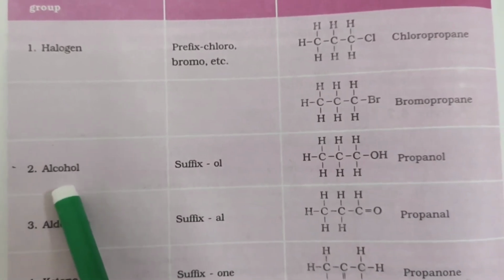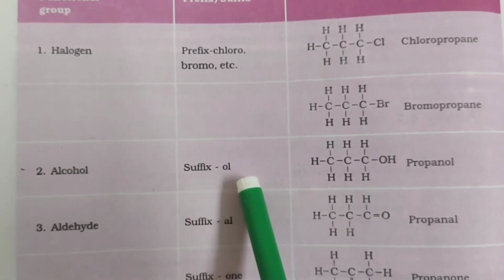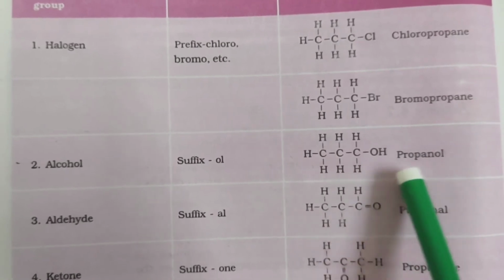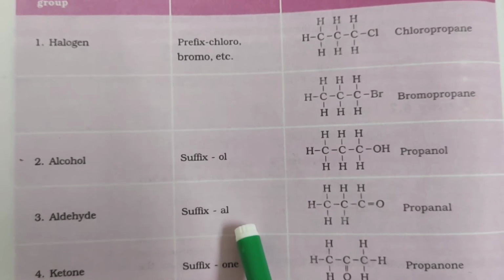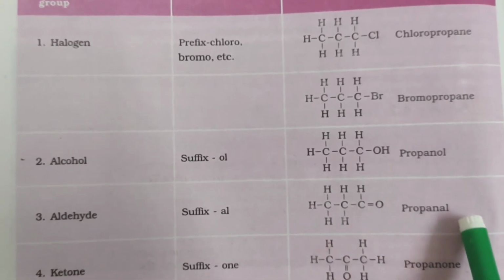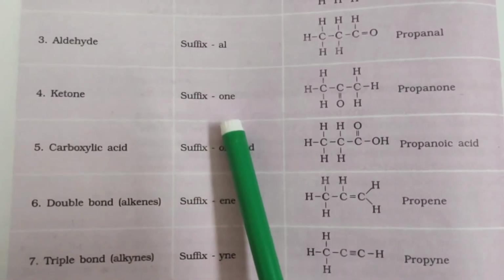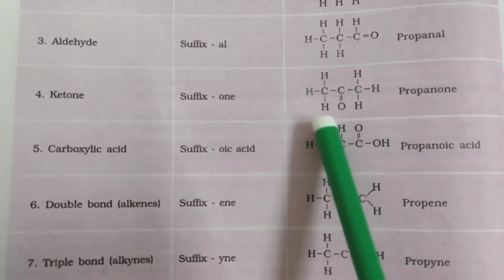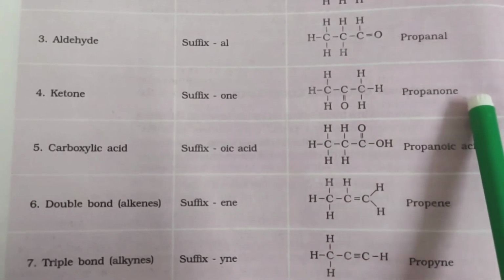Next is alcohol. For alcohol we use suffix ol. So this becomes propanol. And for aldehyde the suffix is al. So this compound is named propanal. For ketone, suffix used is one. So after the name of the compound we add one, that is propanone.